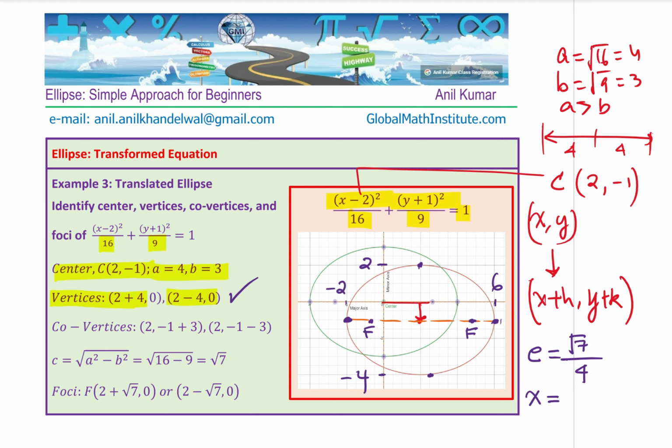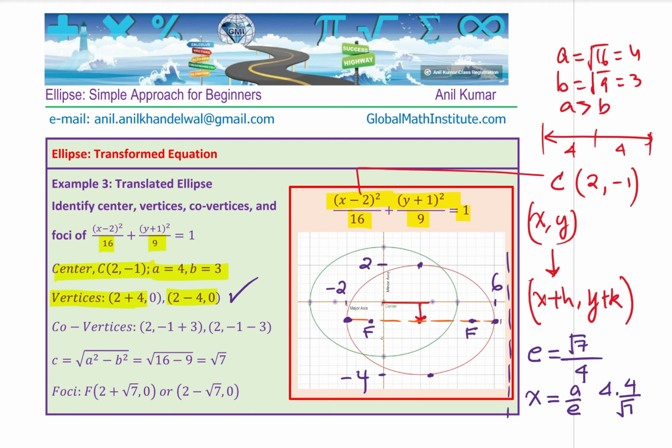So let me write A over E. In this case, A is 4, right? So 4 over this flips, right? So we have square root of 7 times 4, so 16 over square root of 7. So we get this equation for the directrix. So that is how you can calculate the value for the vertical line, which in this case will be here, right?